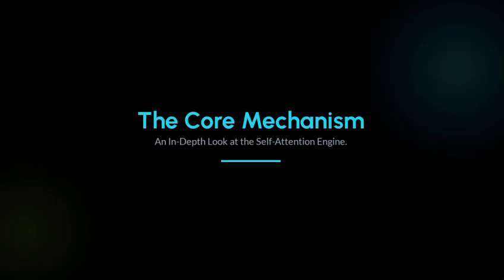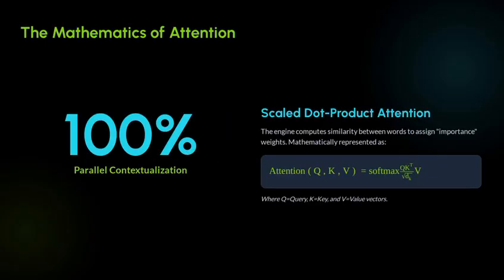Next, we can talk about the core mechanism, an in-depth look at the self-attention engine. When we talk about the mathematics of attention, there's something called scaled dot-product attention, and the engine computes similarities between words to assign importance weights. When you think of words, you don't really think of mathematics, but that's how a lot of AIs work.